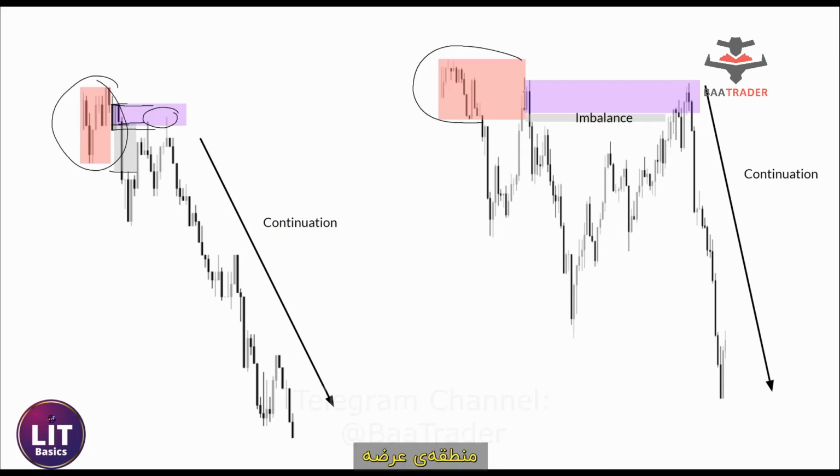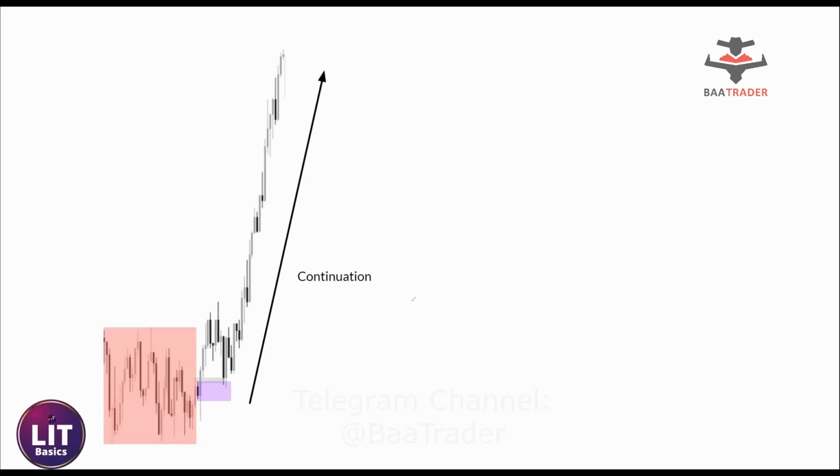Here, supply zone, push away, leave our imbalance, and then again supply candle, we come back, tap in, continue. Nice and simple. Same thing again and again. Imbalance, demand zone, demand candle, push off, continuation, like so.